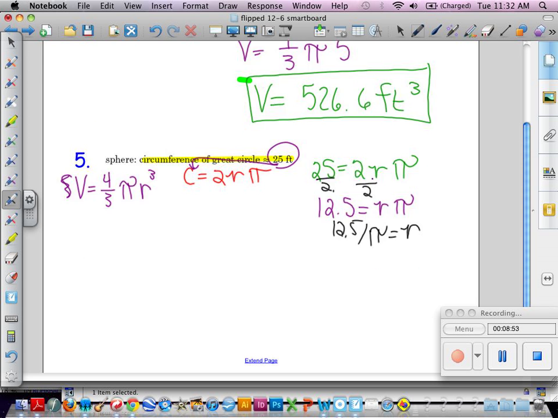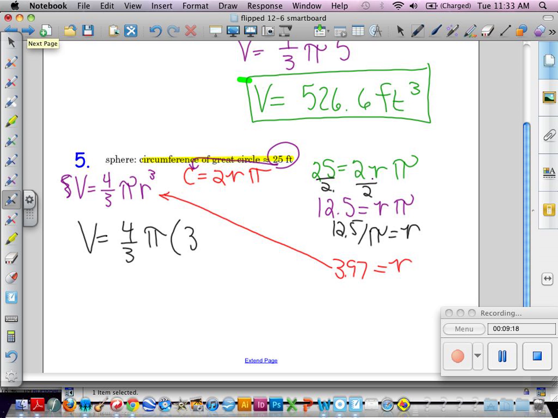Now I know what you people are going to do. You're going to go ahead and type that into your calculator, and you're going to get a radius, 3.97. Now I encourage you, keep that calculator full. Now we need to come over here and put that into our formula. Volume equals 4/3 pi.